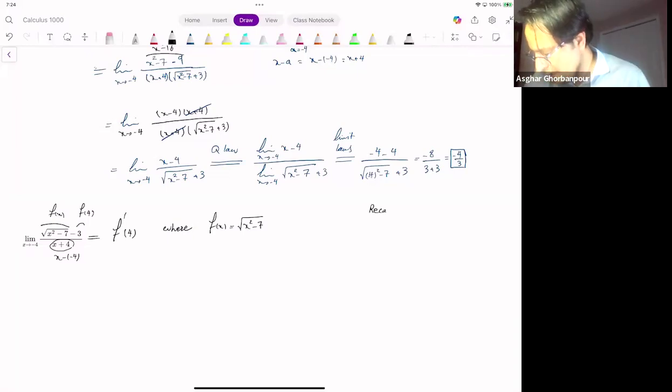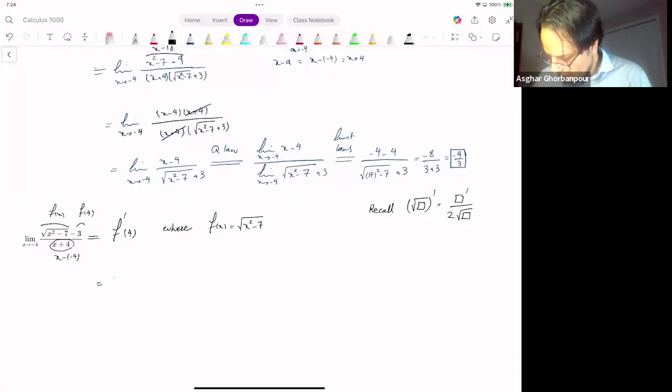Recall that the derivative of square root of box is box prime over 2 root box. So f prime here is the derivative of x squared minus 7, over 2 root of x squared minus 7.